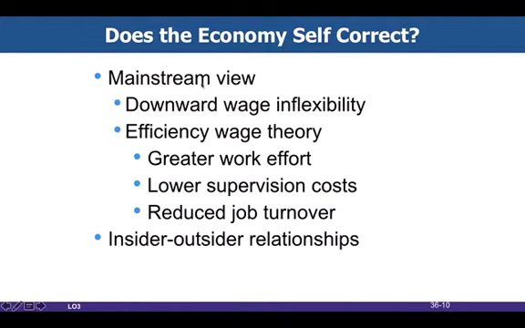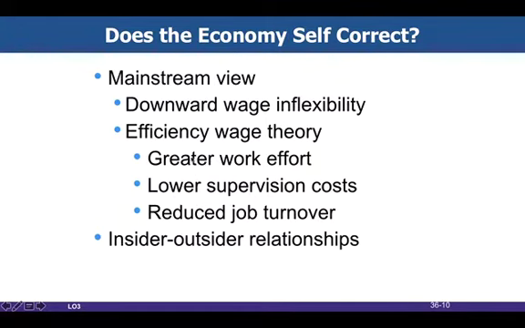So back to the mainstream view, downward wage inflexibility and efficiency wage theory are the two main reasons. We talked about this. Efficiency wage theory states basically, in effect, that by paying people more, they are better workers. Their productivity goes up. You don't have to supervise them as much, and they stay in place, so you don't have to retrain people. So this is a reason why wages are inflexible downward, because people intuitively understand this.